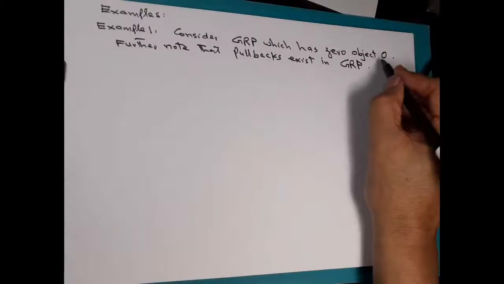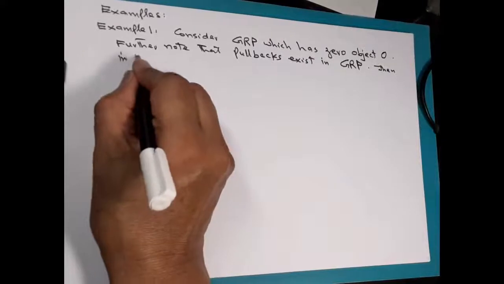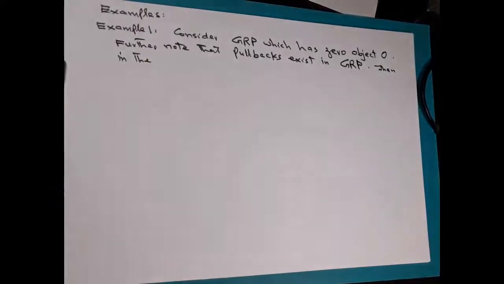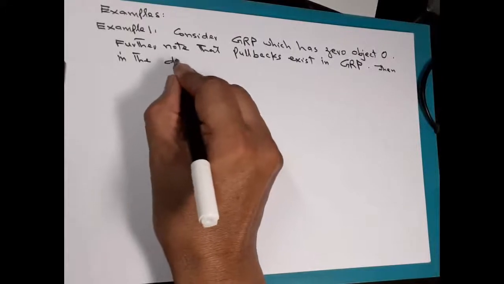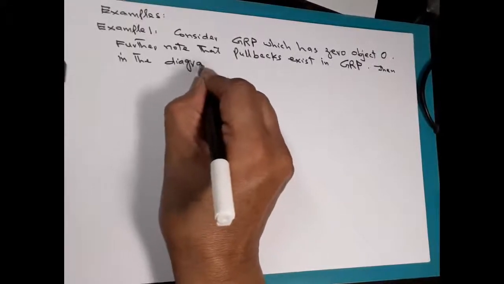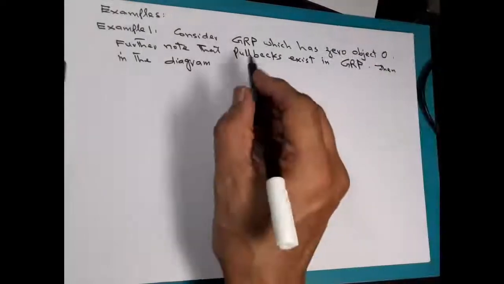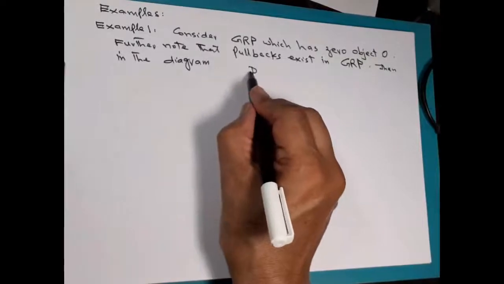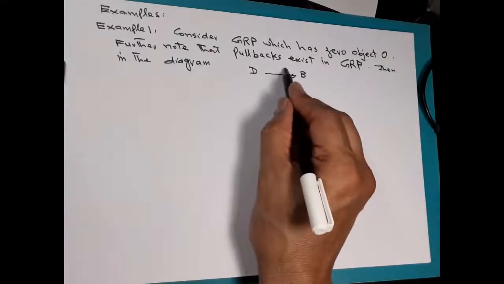Then in the following diagram, in fact I'm trying to retain the same diagram and then replacing objects according to our purpose or according to our category. So then in the diagram we are using in order to understand what pullback is, you know that diagram is this one: object D, object B, and we have morphism alpha.